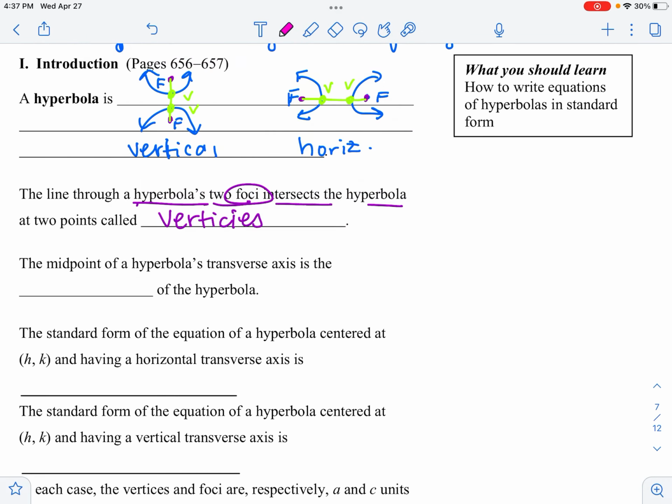And the midpoint of the transverse axis, that green line that I just drew, is called the center. So the midpoint would be right here, and the midpoint would be right here. That's the center.